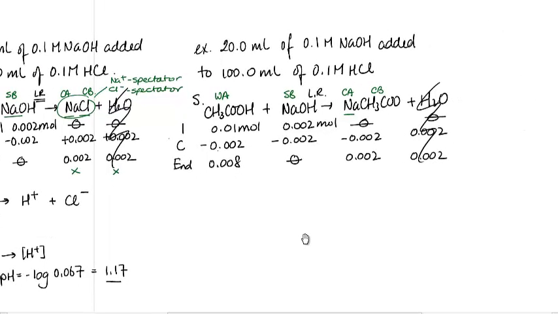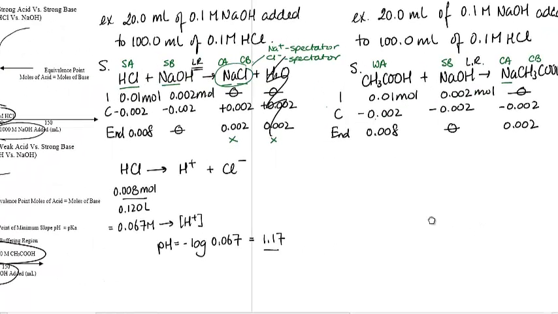So when we take a look at the Na, it's going to be a spectator. When we take a look at the acetate CH3COO minus, it is not a spectator. Because we have the weak acid and now we have formed the conjugate base, there will now be an equilibrium.